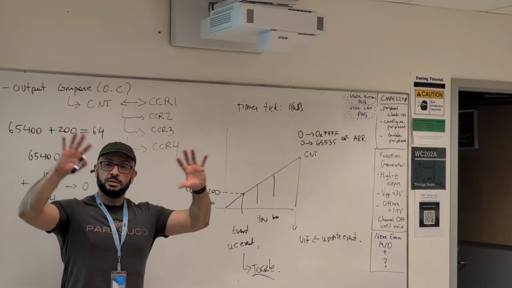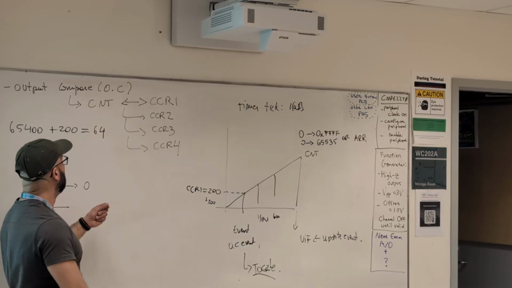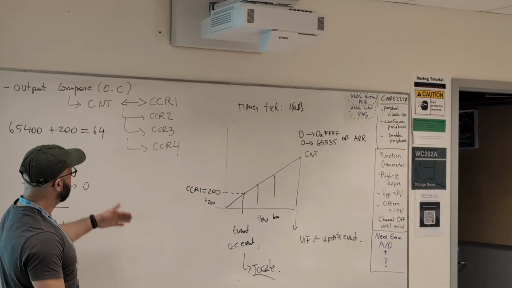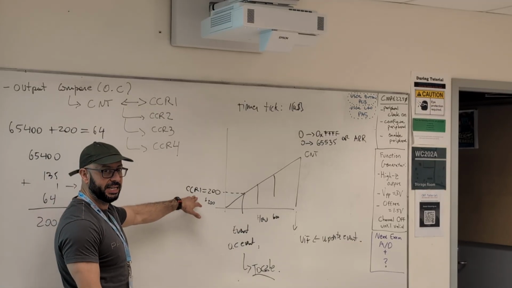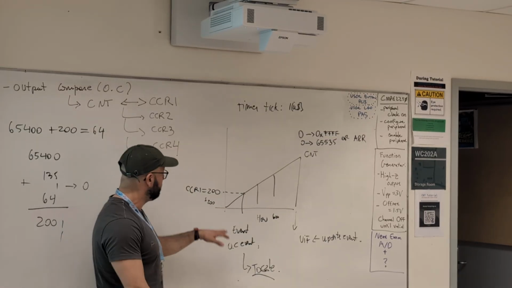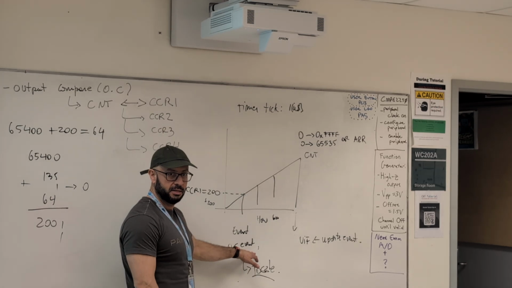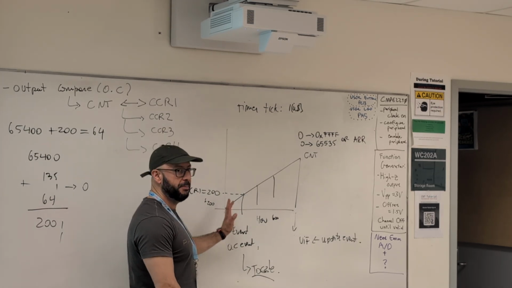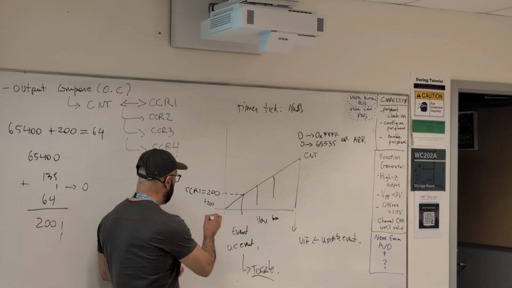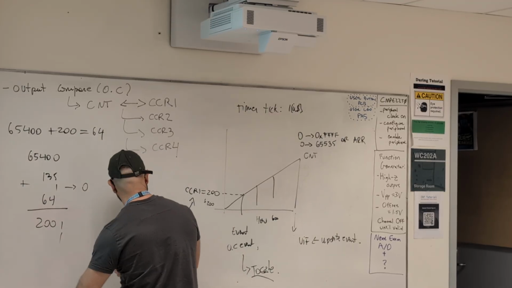Okay. Summarizing and recapping. Output compare. Why is it called output compare? Because we're comparing this value against the counter. When the counter reaches the value that we put here, an event will be generated. If we want that event to keep happening every 200, we need to do something to this guy, which Rex very well described.